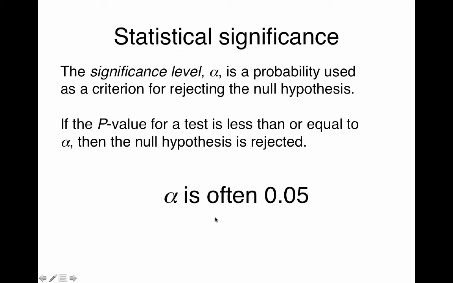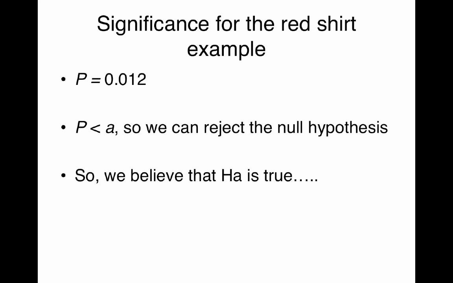Essentially, if the p-value is less than or equal to alpha, then the null hypothesis is rejected. And the typical value for alpha is 0.05. It's a flexible thing. We can move that value for alpha if we need to under different experimental conditions, but keeping a ballpark in mind of 0.05 works.